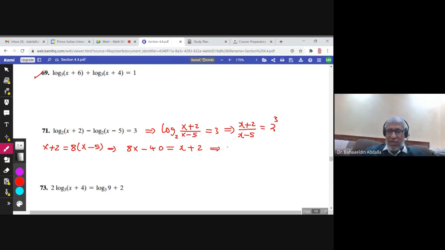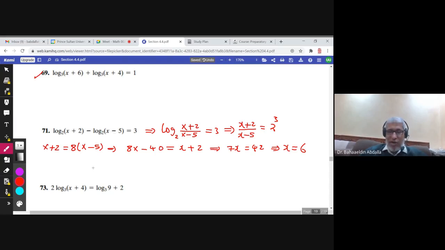Take x to the other side, so you will have 7x. Take 40 to the other side, you will have 42, and your answer would be 42 over 7, which is 6. So the answer is 6. Now check your answer. If you check it here, 6 plus 2 is 8. This is good. If you check it here, 6 minus 5 is 1.